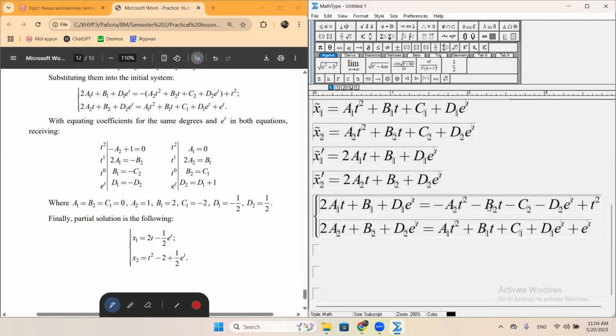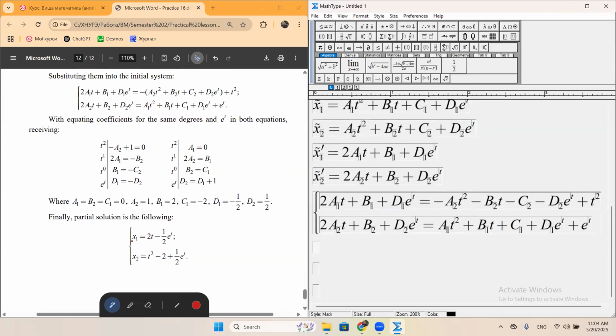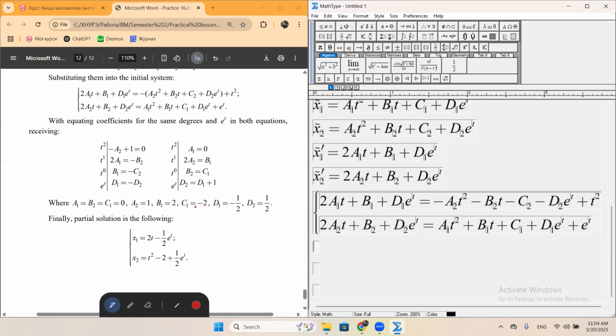So we have 8 variables, so 8 equations. Actually, these equations are quite easy. So after finding the coefficients, we just write down the partial solution. x1 equals 2t minus 1/2 e to the power of t, and x2 equals t square minus 2 plus 1/2 e to the power of t. So that's the partial solution.